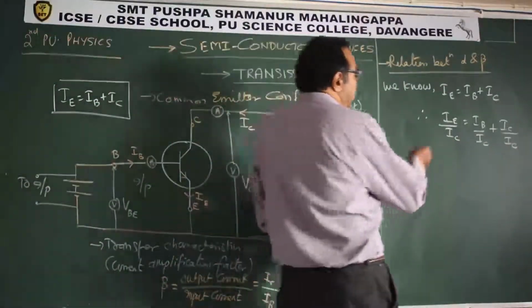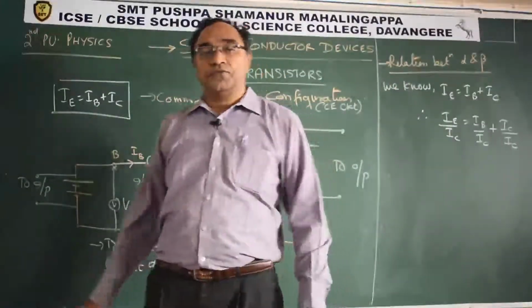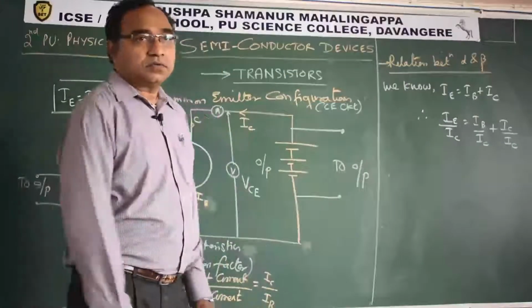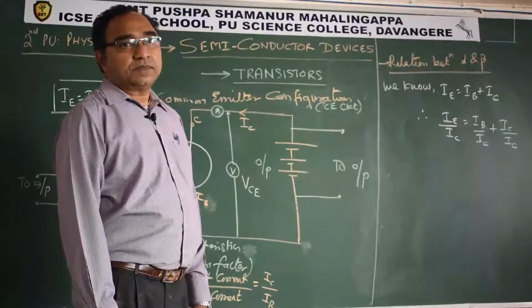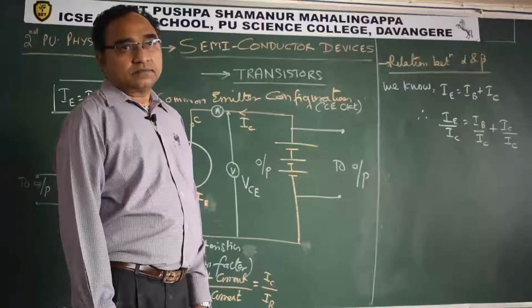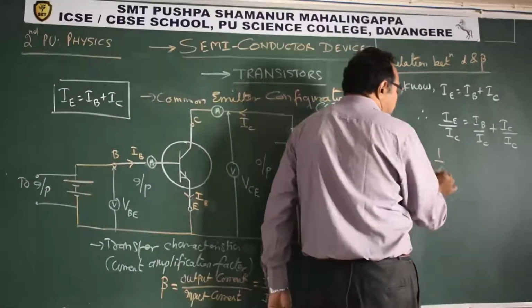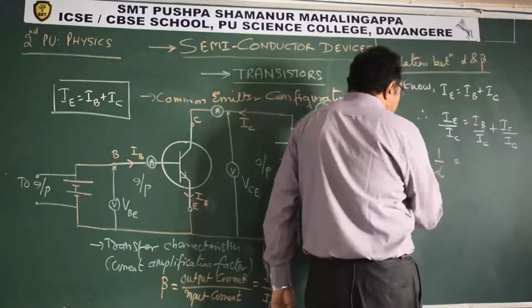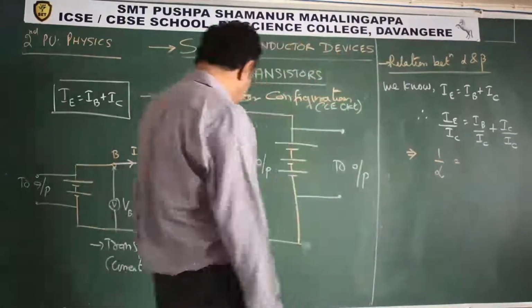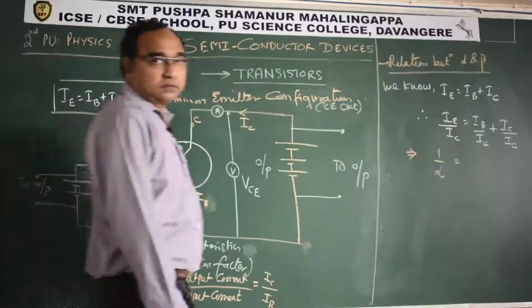So what do we get? What is IE by IC? Please refer to your notes. Alpha is what? IC upon IE, na? So this is 1 by alpha. What is IB by IC? 1 by beta.